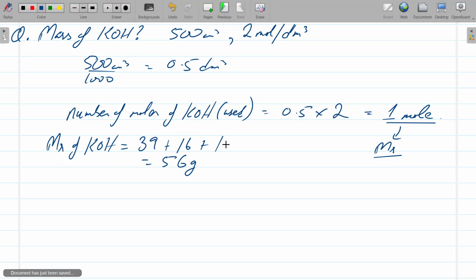We will be given the molar mass, no? You will be given the periodic table. The periodic table has the individual relative atomic masses of the elements. KOH is the chemical formula for potassium hydroxide, just like we wrote NaOH or anything else.